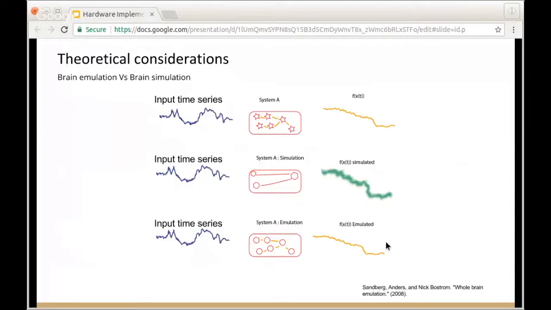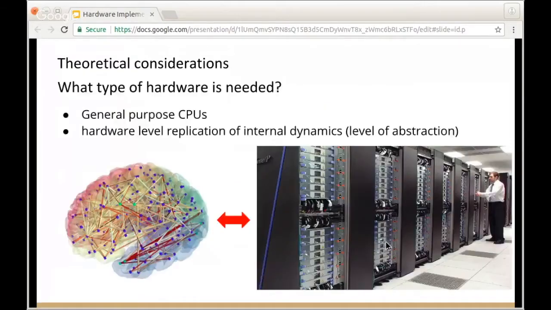Or in case of the brain, do we need to replicate all the neurons and all the dendrites and dendritic spines, or do we need to use circuit level analysis, or maybe a systems level replication of the internal dynamics? This is a question that we need to take into account and consider when we want to address this issue.